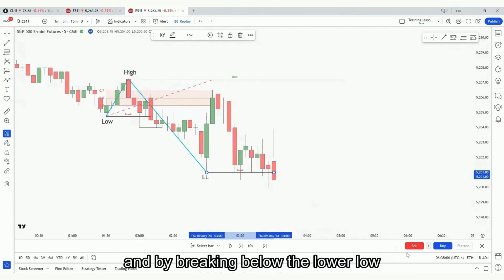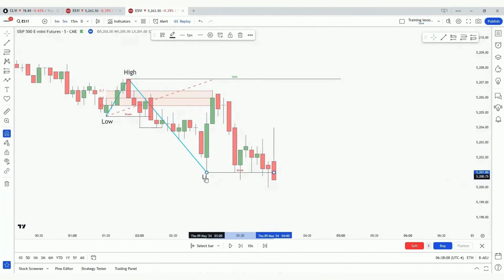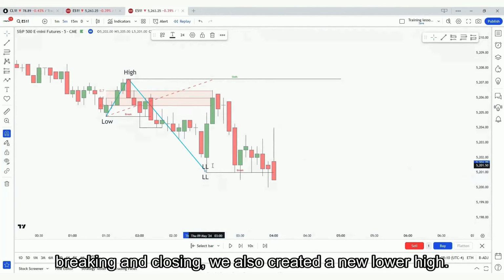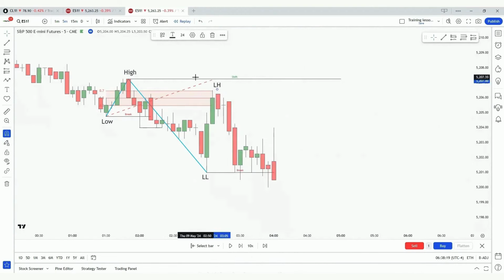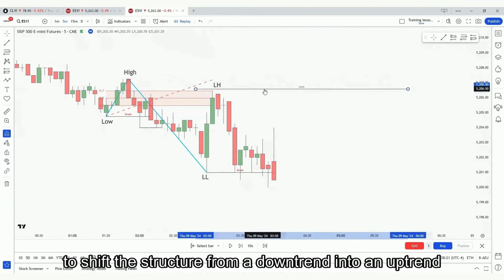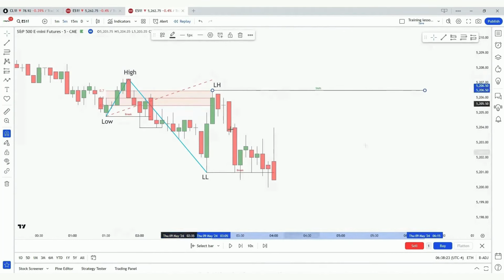And by breaking below the lower low, breaking and closing, we also created a new lower high. And that means that the shift line, to shift the structure from a downtrend into an uptrend, is at this lower high now.